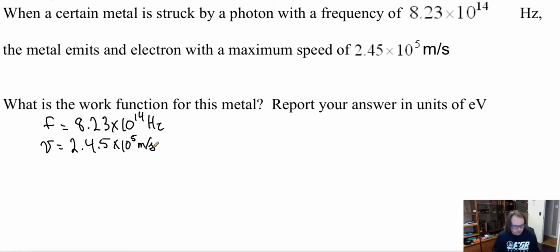Now, I also know from before we have a formula that works like this, where my kinetic energy of the electron released is equal to Planck's constant multiplied by the frequency of the photon coming in, and we're going to subtract from that the work function of the metal. And that's what we're trying to find in this case, the work function of the metal. Well, we also know that kinetic energy is equal to 1 over 2 mass times velocity squared.